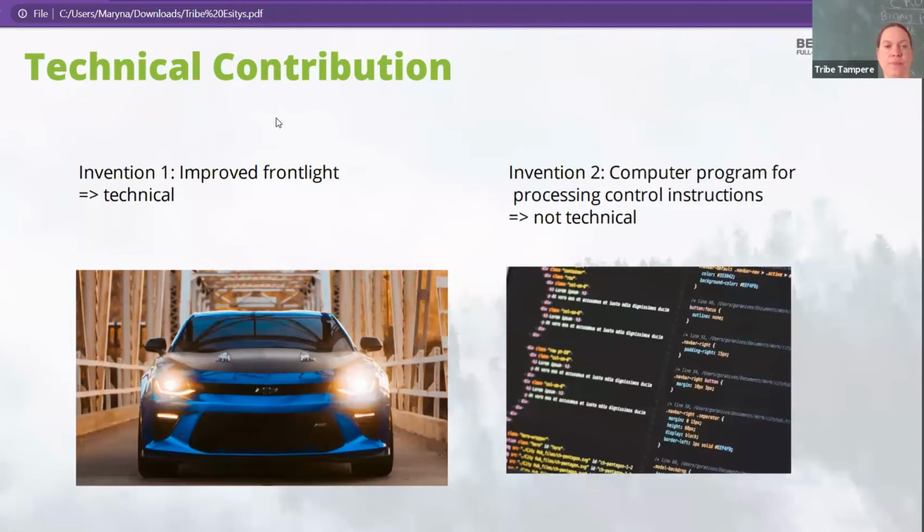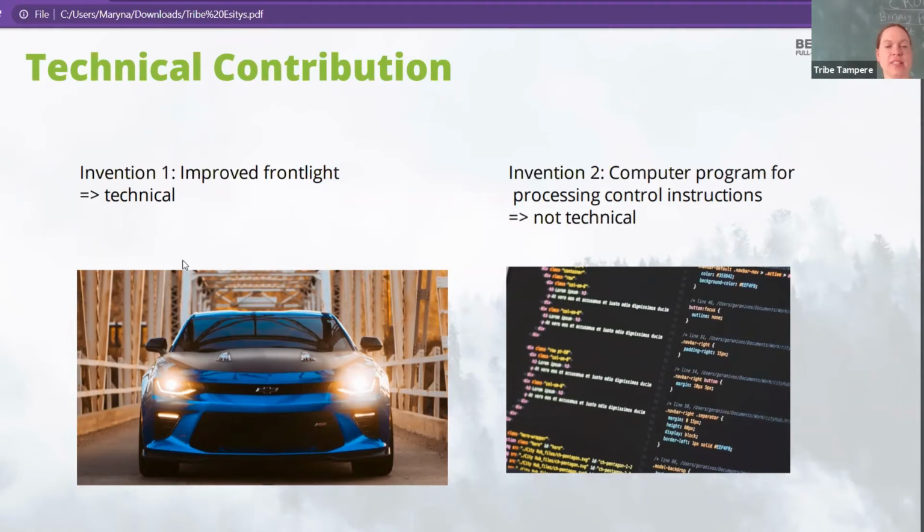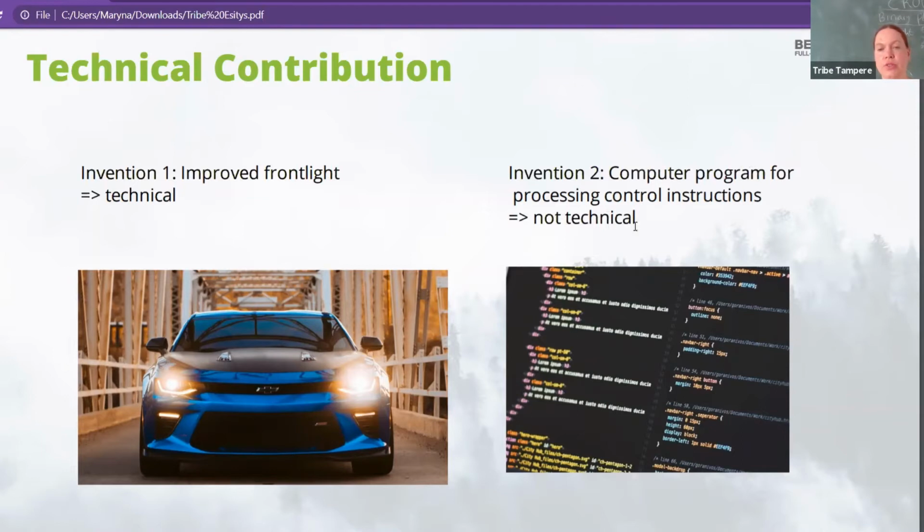So here is an example of something that is patentable. Invention 1 is an improved front light, and this is considered technical. Invention 2 is a computer program for processing control instructions, and this is not considered technical.